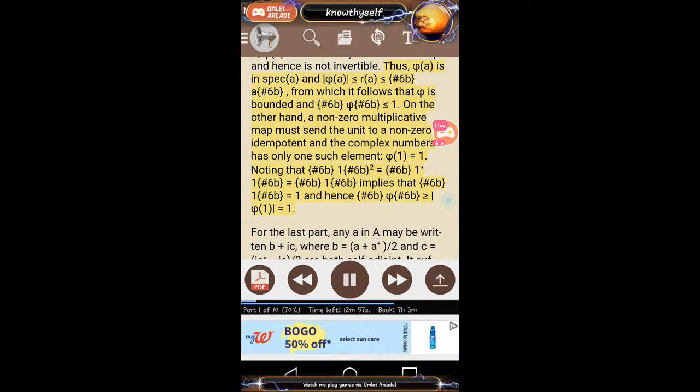Thus, φ(a) is in spec(a) and |φ(a)| ≤ r(a) ≤ ‖a‖, from which it follows that φ is bounded and ‖φ‖ ≤ 1. On the other hand, a non-zero multiplicative map must send the unit to a non-zero idempotent, and the complex numbers has only one such element. Thus φ(1) = 1.